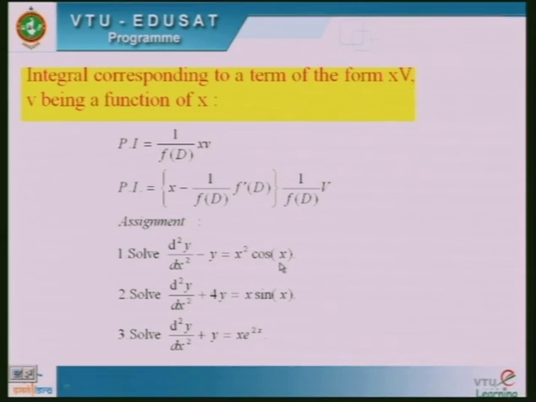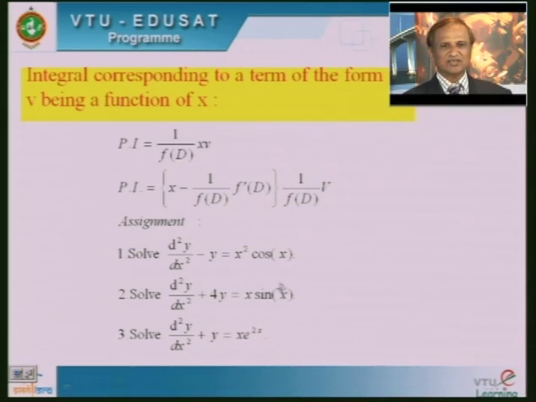So the same formula can be used repeatedly: x into v, again it becomes x v. I want to apply the same formula repeatedly. I hope you can practice this example. Similarly, you can practice d square y upon dx square plus 4y is equal to x into sin x.